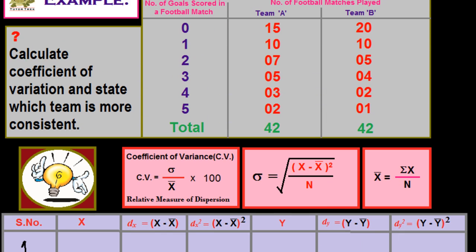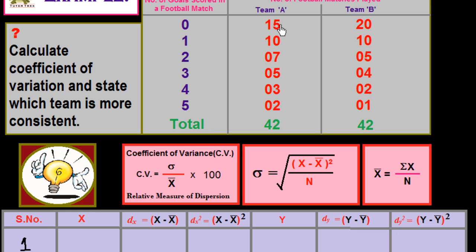For x, we are taking the values of team A, the football matches played by team A: 15, 10, 7, 5, 3, 2.